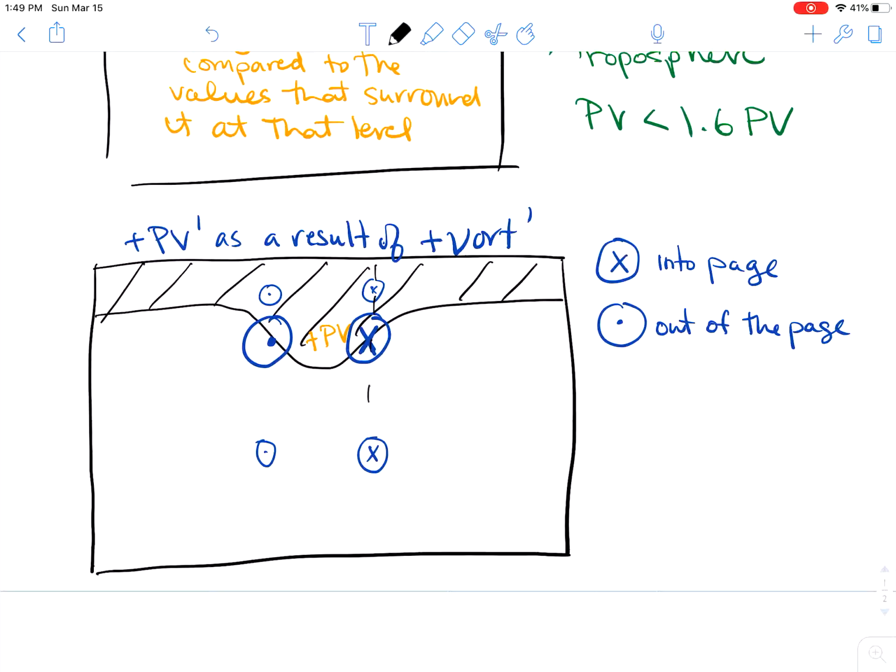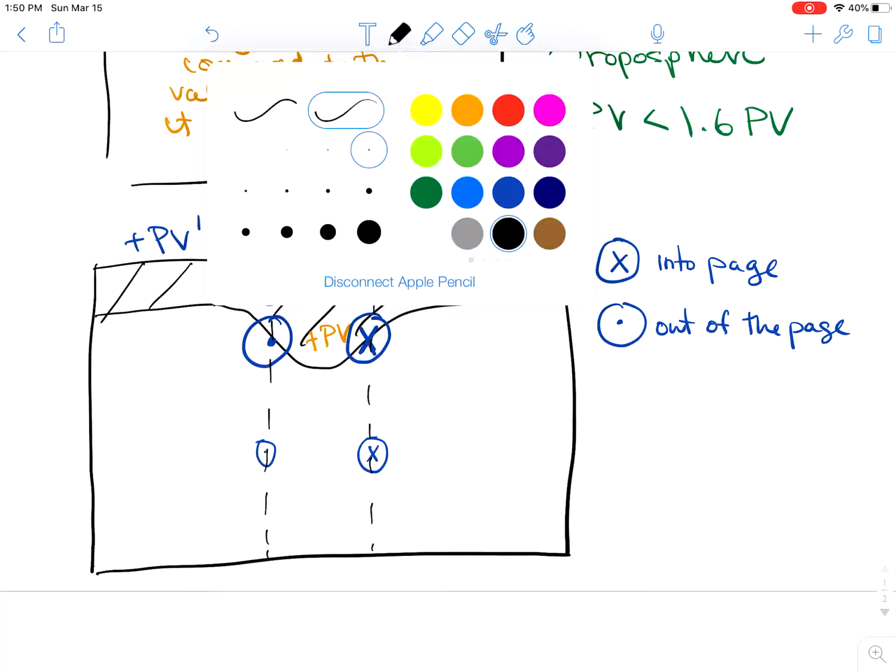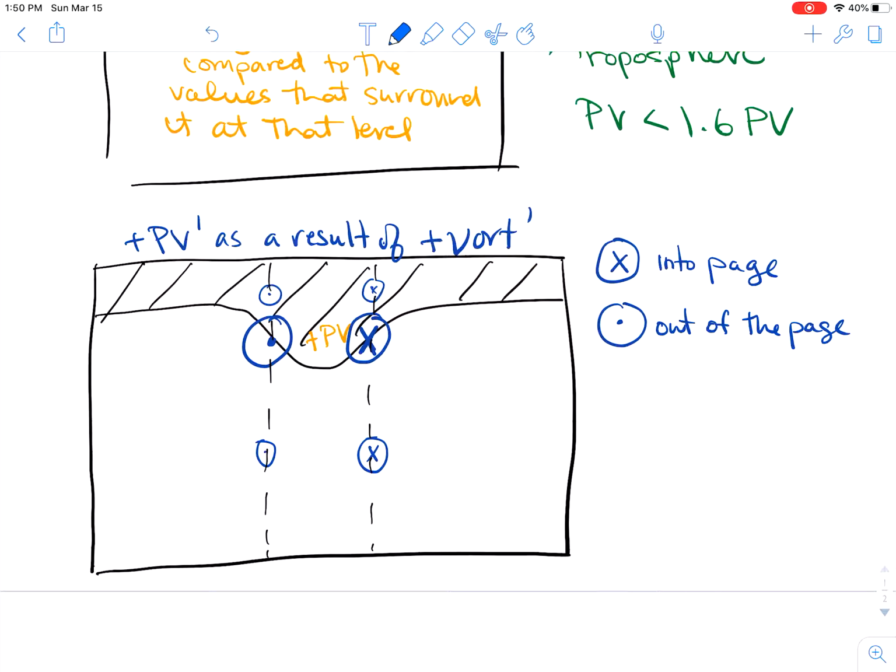And so we're just going to draw in some vertical lines here to indicate different portions of our cross-section. And so we know that where winds increase with height, where do we know cold air should always be? Correct. Cold air would always be on the left in the northern hemisphere. So we know that within our cyclonic rotation, this air will be cold.